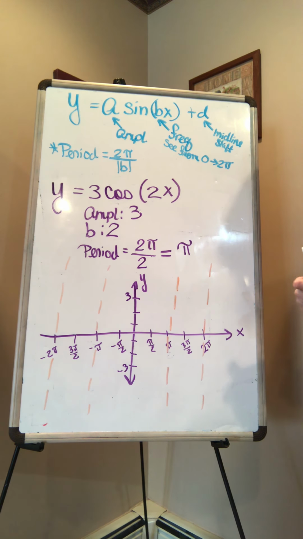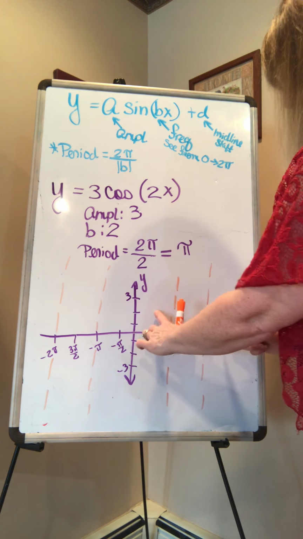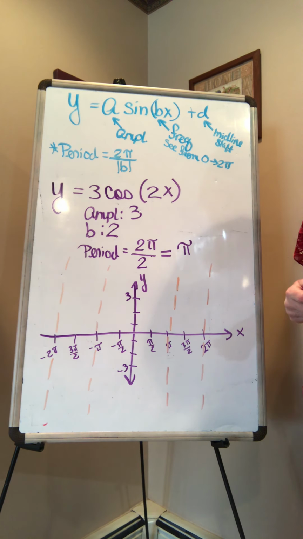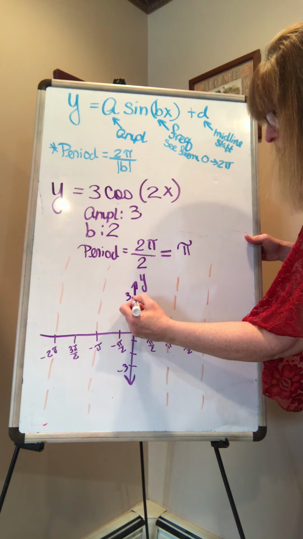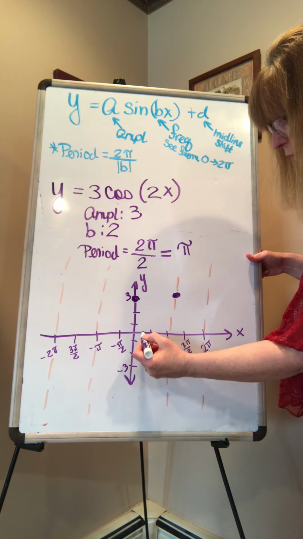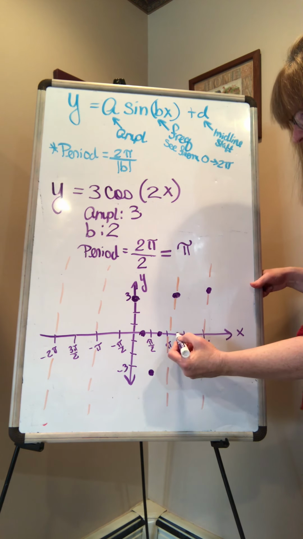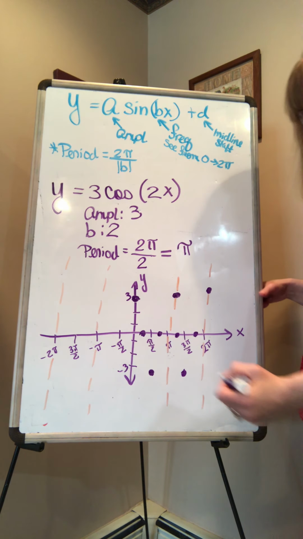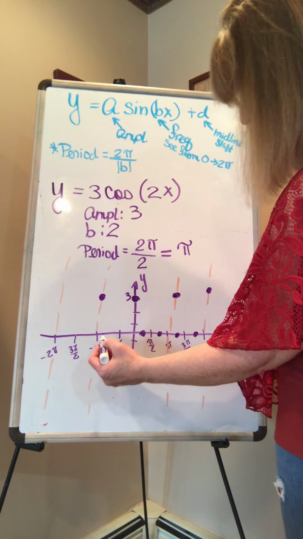Since I'm now going out to the negative, I'm going to have 2 full cycles on the positive side and 2 full cycles on the negative side. Cosine again starts high, ends high. Halfway in between, it's down low, so here are my zeros. Start high, end high, halfway in between are my zeros.